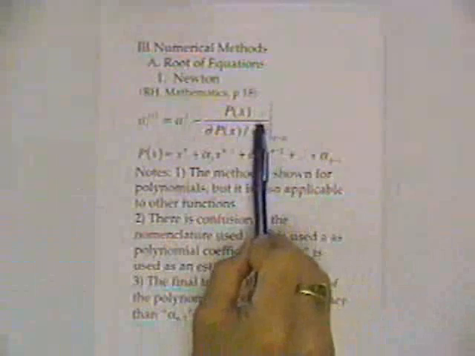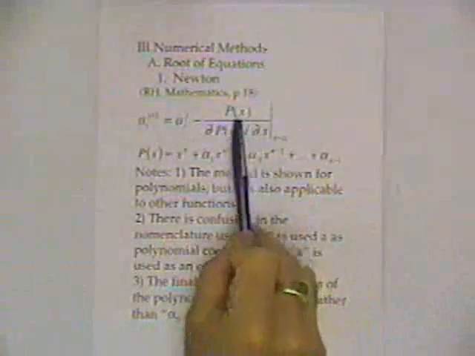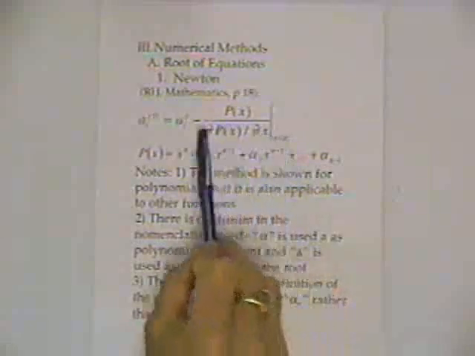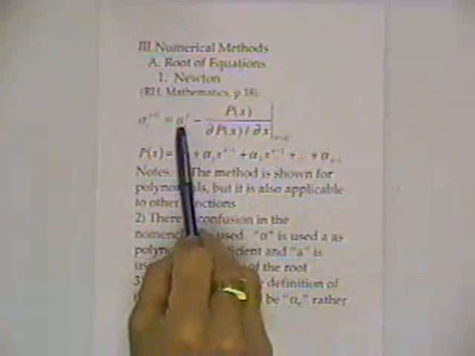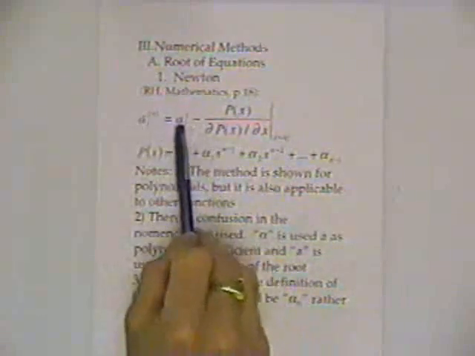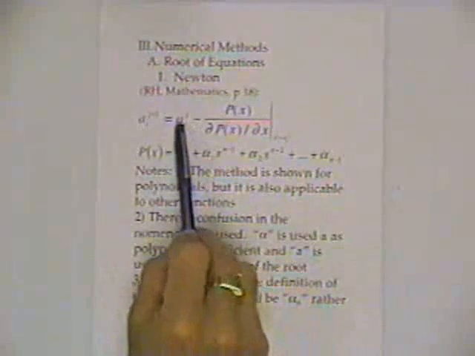So Newton's method works by evaluating the function and the first derivative of the function at a value of x equal to the current estimate, the a super j, and then subtracting that ratio from the current estimate of the root to calculate the new one. So you begin with some guess, say j is equal to 1.